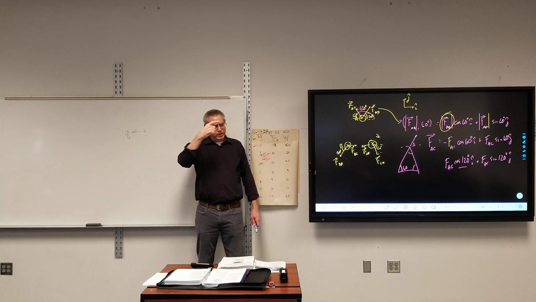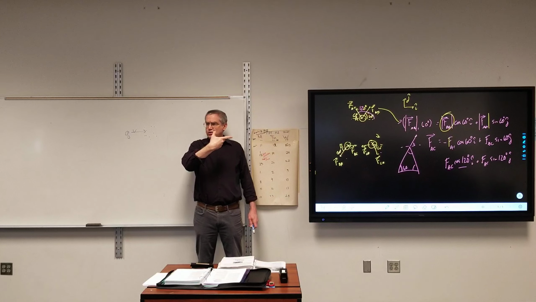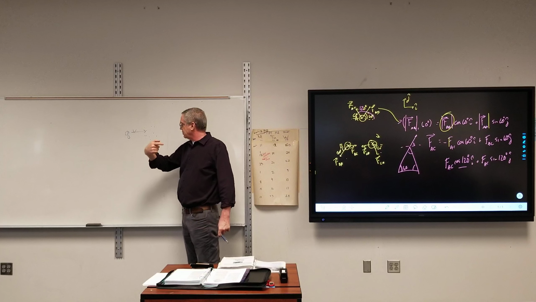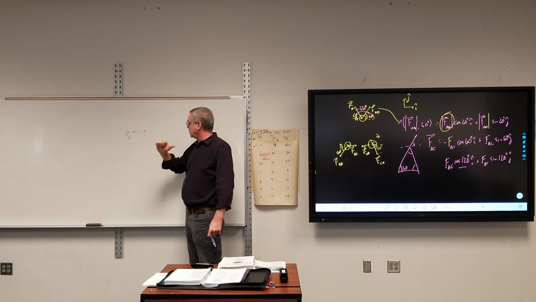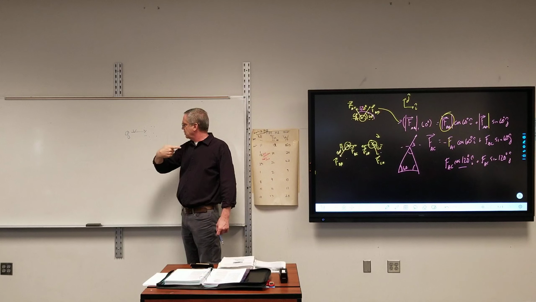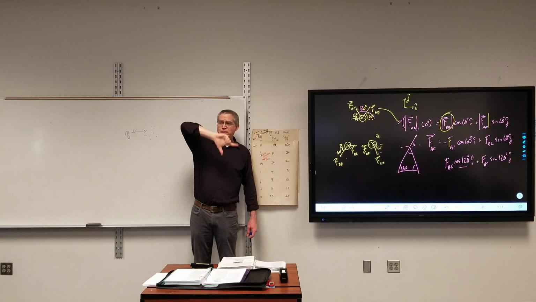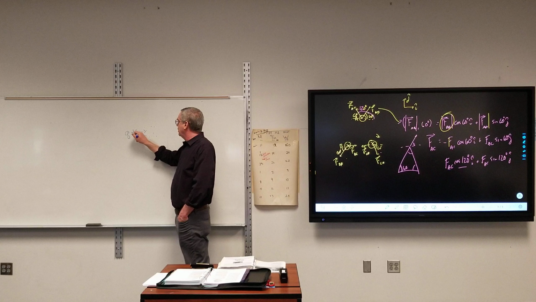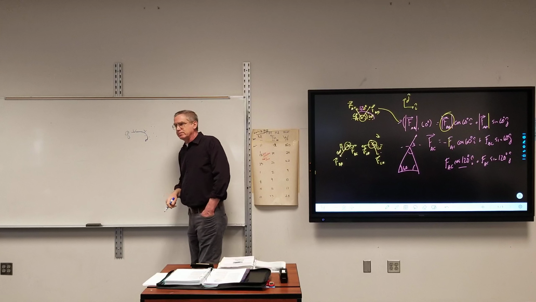Right hand rule: my charge is going that way, magnetic field is going out of the board, the force on it is up. Let me make sure I did that right. Oh, I made the same mistake the other day. Particle's going that way, magnetic field's going out, the force is acting down.